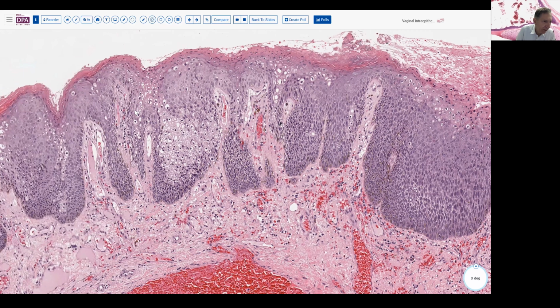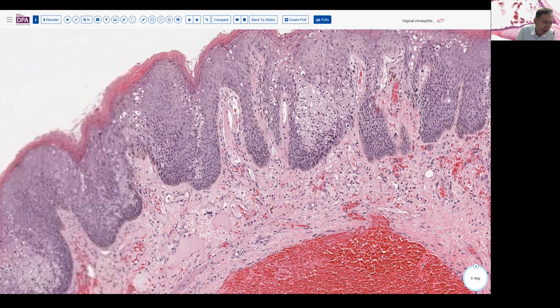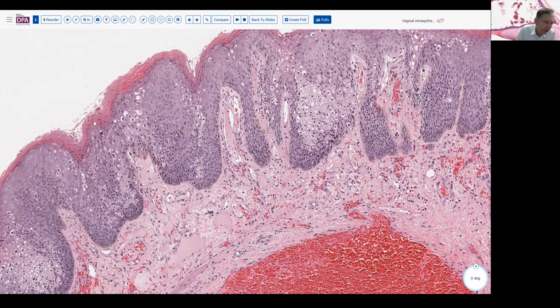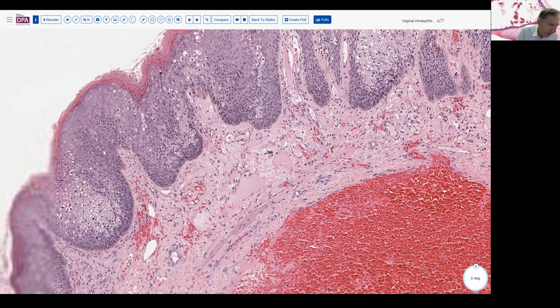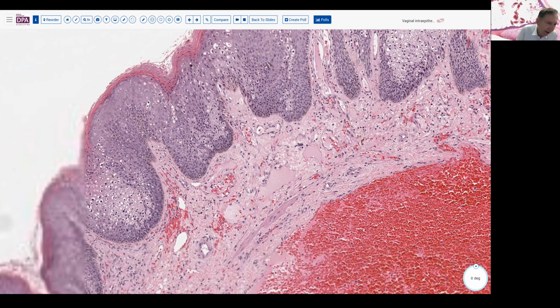So for example, if we had taken our biopsy, say here, we might have been inclined to just call this a vaginal intraepithelial neoplasia grade 1 because we just have a nice maturation and a little bit of koilocytotic change, and most of the proliferative activity is here at the base.